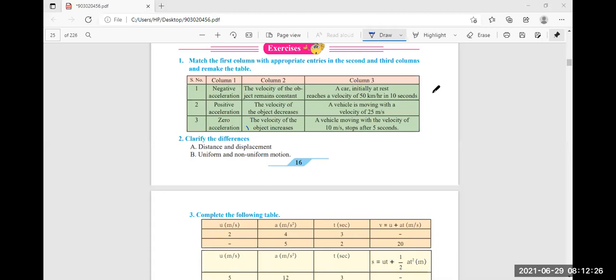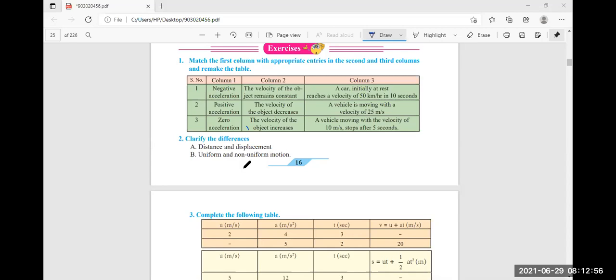Okay. Now, Payal Ranode, can you tell the second point for uniform motion? Okay, I think another student can tell the second point. Sir, in uniform motion, the speed of the body is constant.